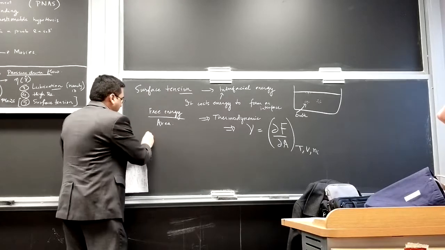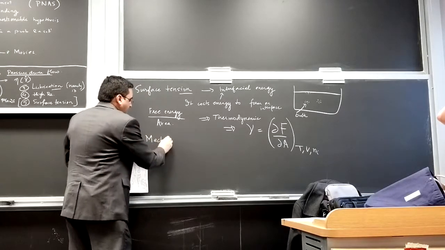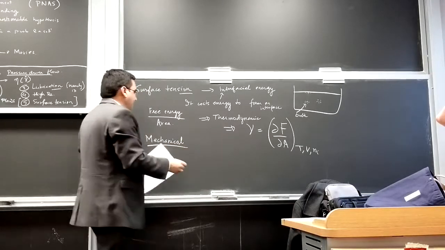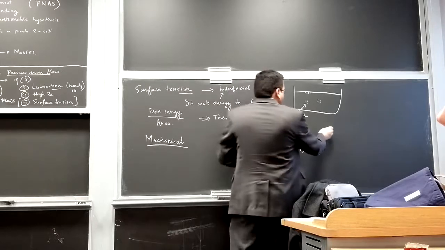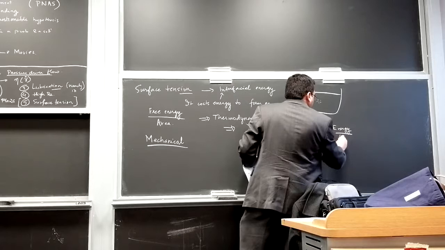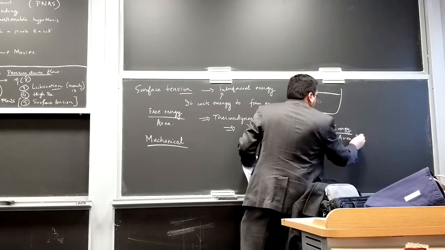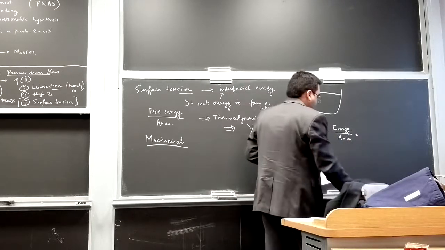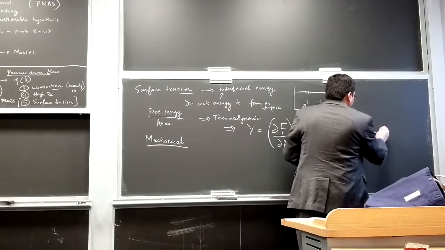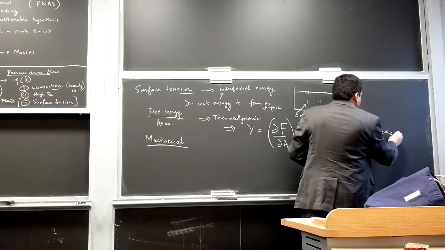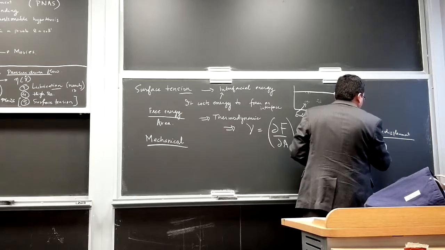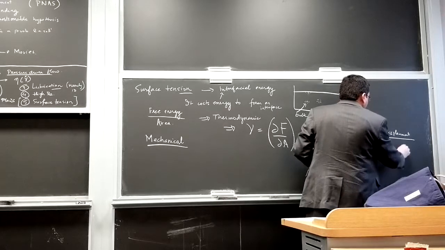Then there's a mechanical definition. Again, if I write this down as energy per unit area, you can see energy is force times displacement, and area can be written as some length times displacement.